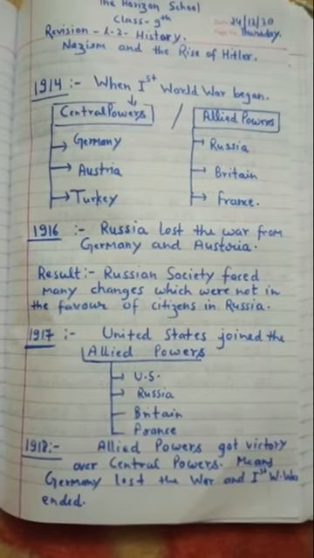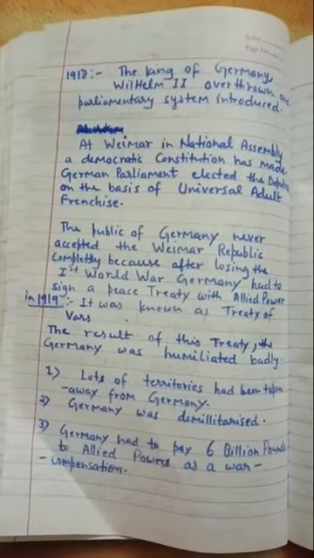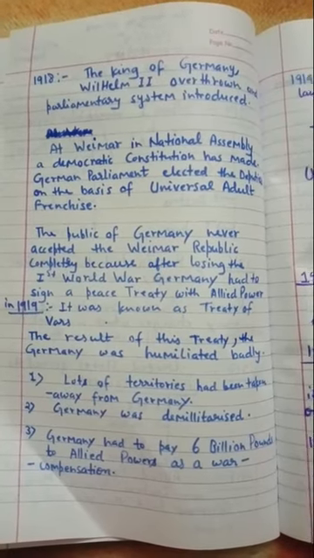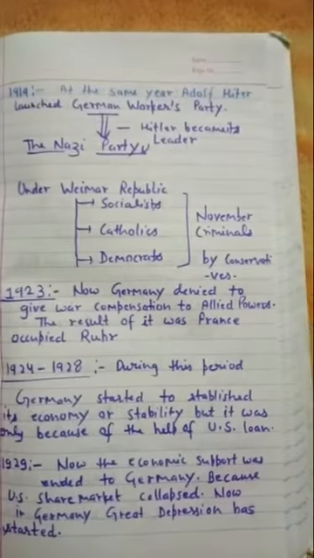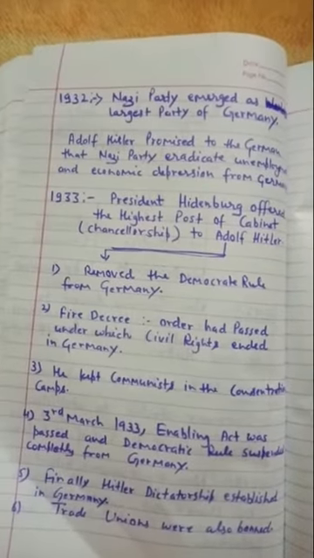Only then will you be able to understand the concept of the chapter as a whole and answer any type of question. This is all about the quick revision, date wise.